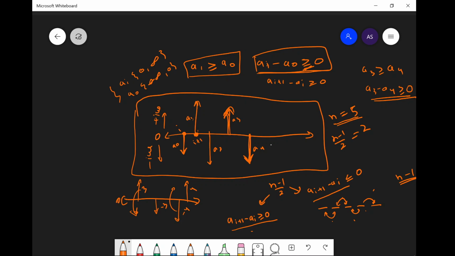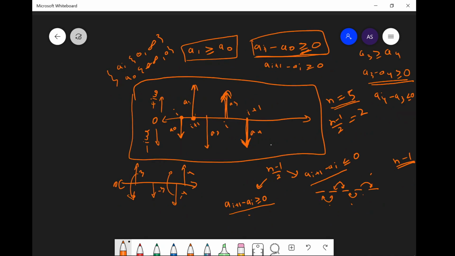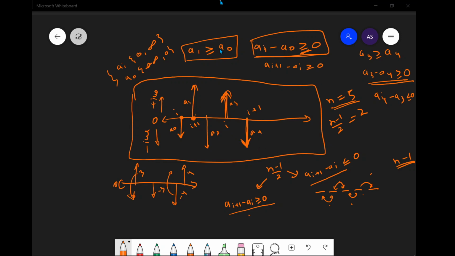And if we see this as i plus 1, then a(i+1) minus a(i) should be less than 0. We have to take the minus sign to make it like this. So a4 minus a3 would be less than or equal to 0, because we take the minus common and place it on the other side. So if we arrange it something like this, then our desired condition would always be obtained. This was the main thing we need to understand, and let's get to the code for better clarity.